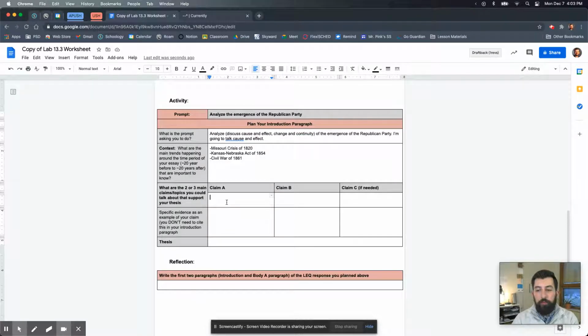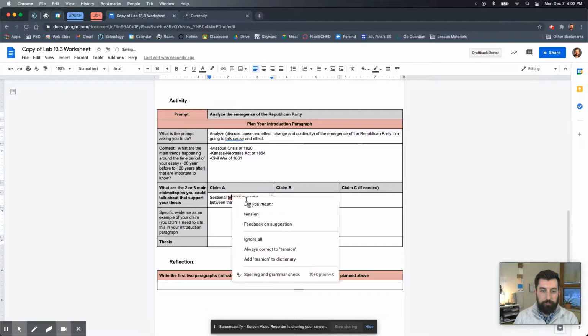One of the really broad causes of the emergence of the Republican Party is sectional tension. So I will say sectional tension broadly between the North and South.